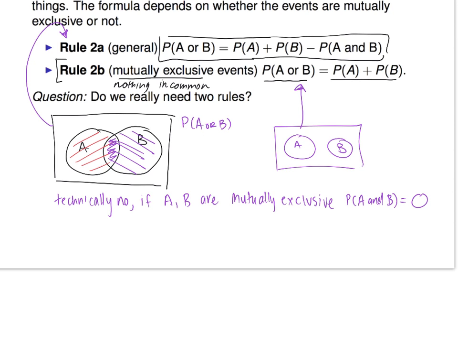So you just don't want to count the middle part at all? For rule 2A, is that what we're looking at? Yeah. So for rule 2A, if you find P of A, that does this thing. If you find P of B, that does this thing.